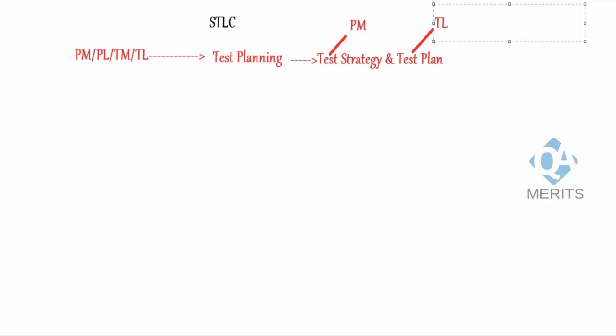Mostly the project manager is going to be preparing the test strategy. The strategy is nothing but a document. It contains the overall information about the project. Again, the test plan is also a document. It is going to be prepared by the TLs based on the test strategy. That is about the initial phase of testing an application.